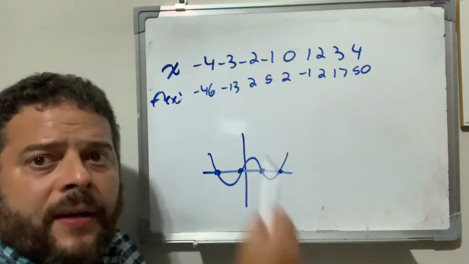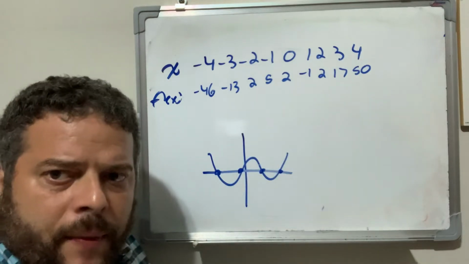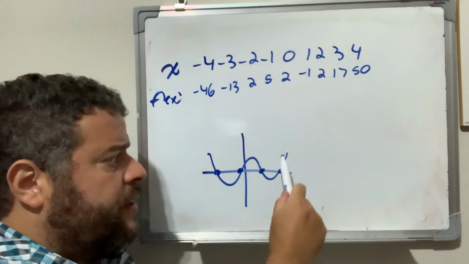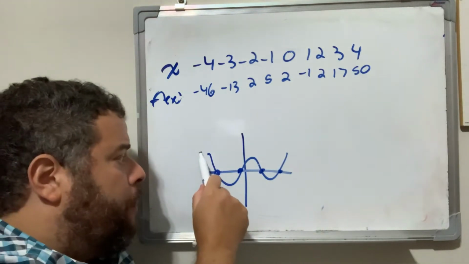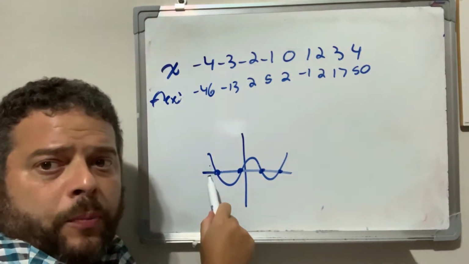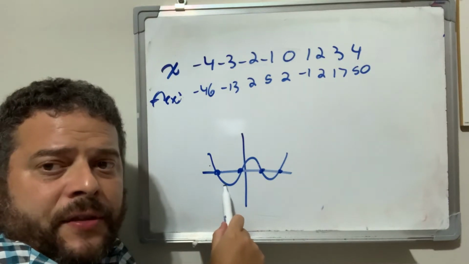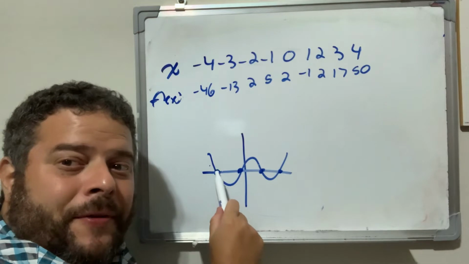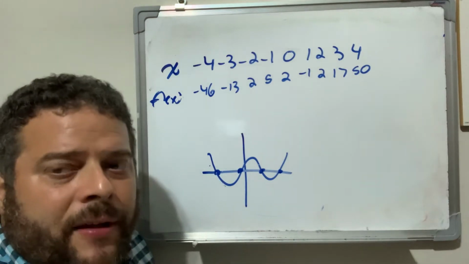Another way is to look at the table that you're given. And think about this. If the function is continuous and you have positive outputs and negative outputs, between these positive numbers and negative numbers, you have to cross the value 0.